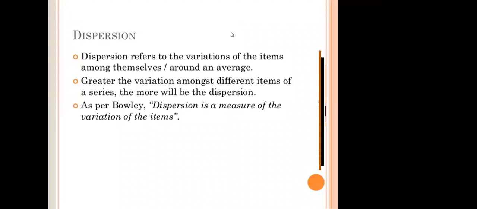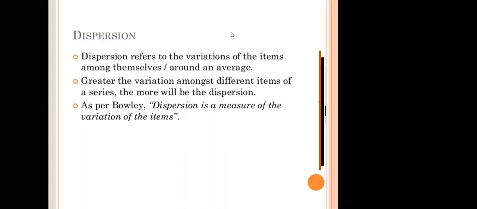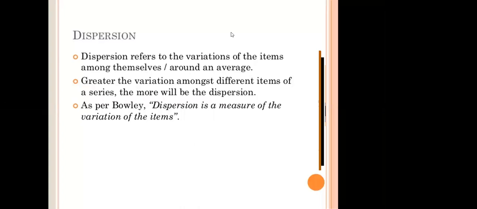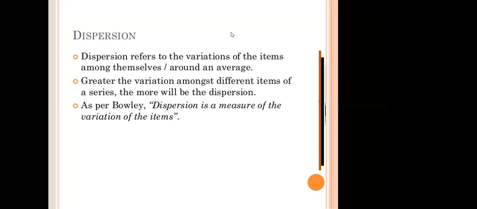The various measures of central tendency or average discussed in the previous chapter give us only one single figure that represents the entire data. On the other hand, measures of dispersion help us to study the variability of the items, that is, the extent to which the items vary from one another and from the central value.